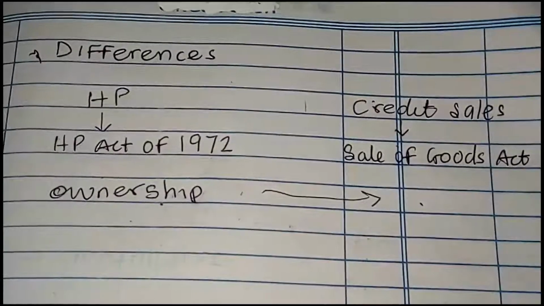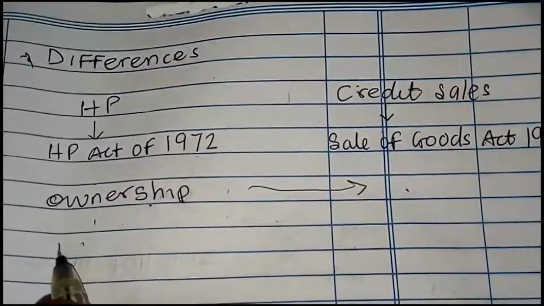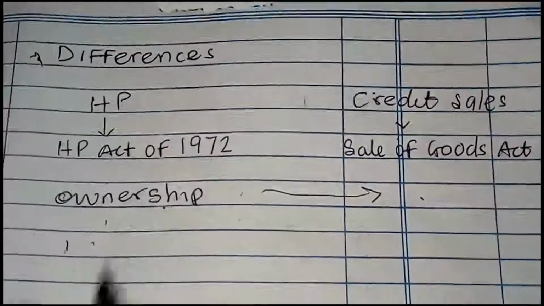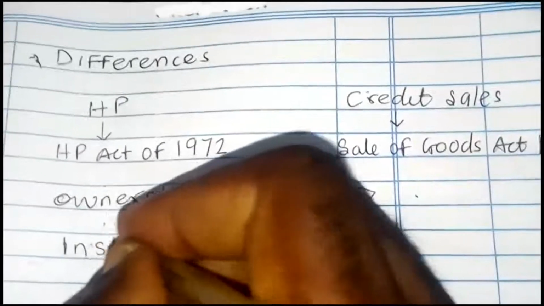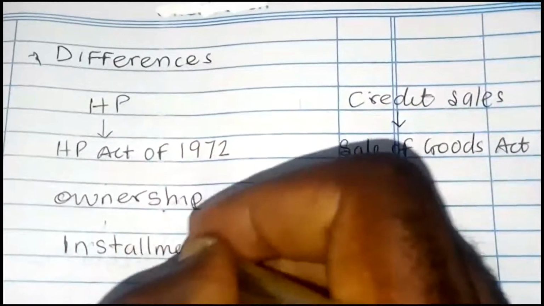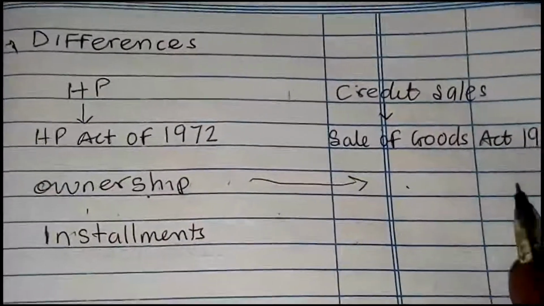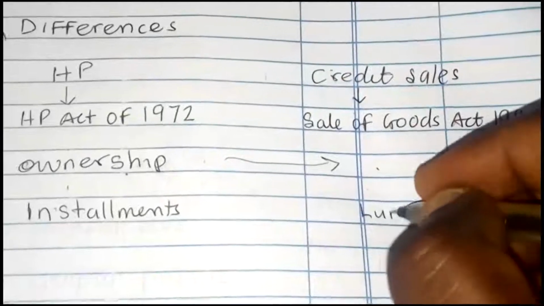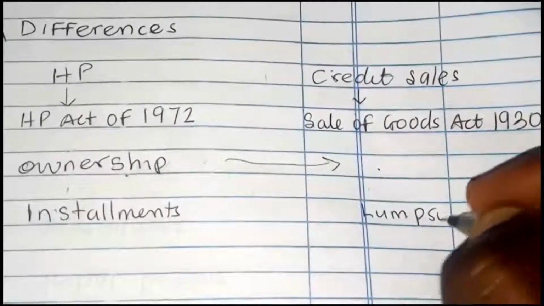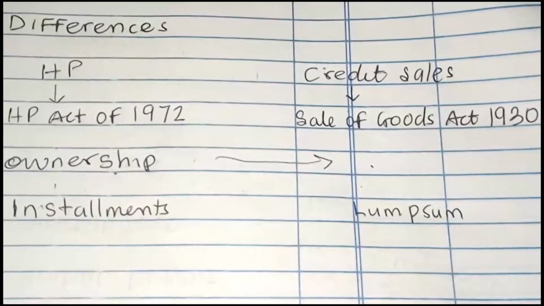All right. Then, in the case of hire purchase, payment is made in installments. But in the case of credit sales, payment is made in lump sum. You just pay once, or you decide to pay twice, and that's all.